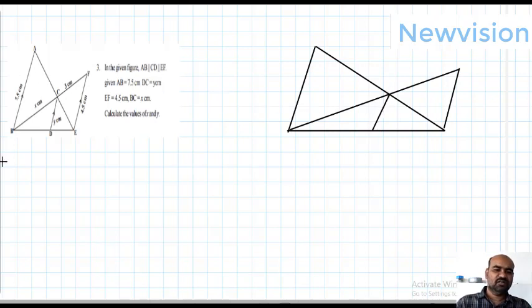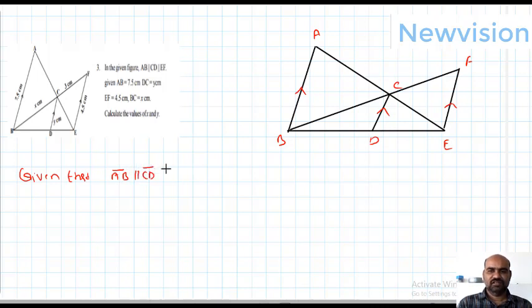First of all I want to mark what is given: this and this and this are parallel, A, B, C, D, E, F. So first of all, the given data: AB is parallel to CD is parallel to FE.